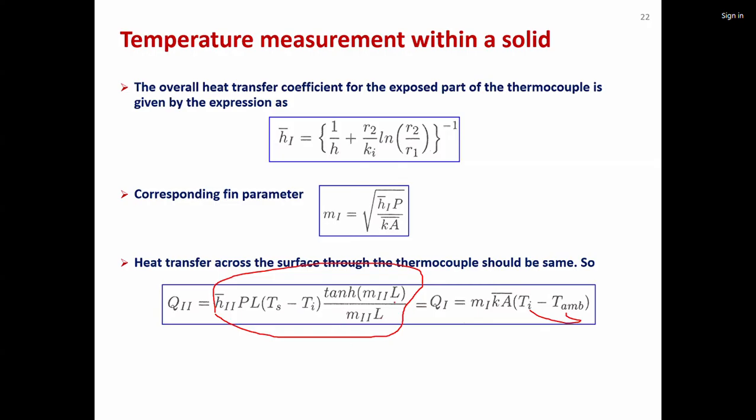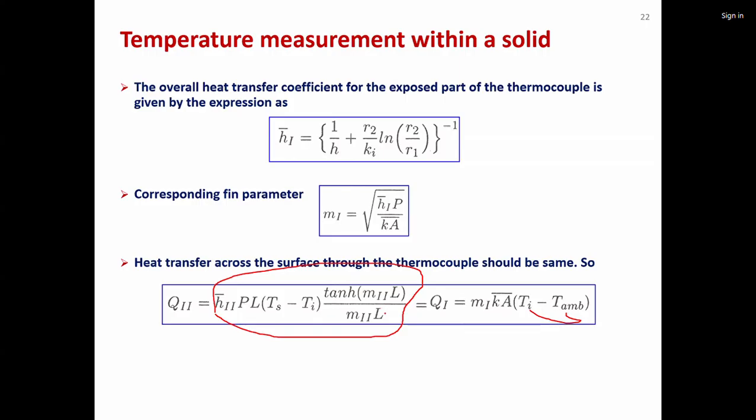What happens is they non-dimensionalize this with some characteristic length scale. If you take a cylindrical fin, it could be the diameter of the fin. Typically, if the L by D ratio is greater than 10, it is taken as a long fin.